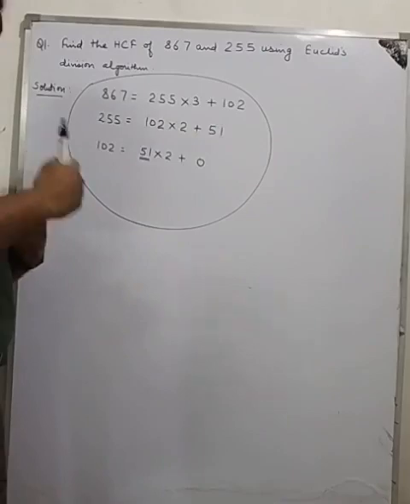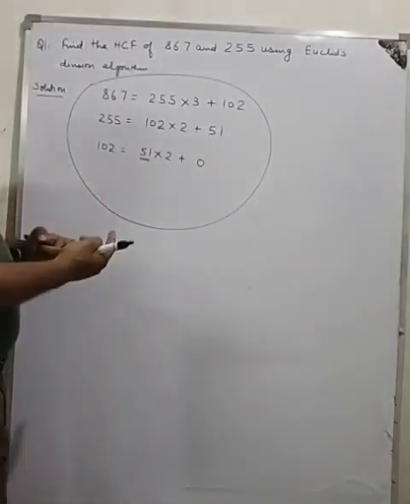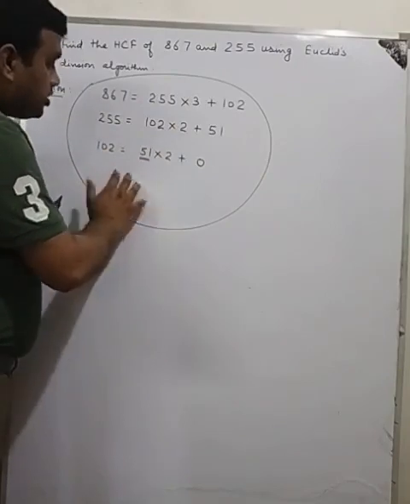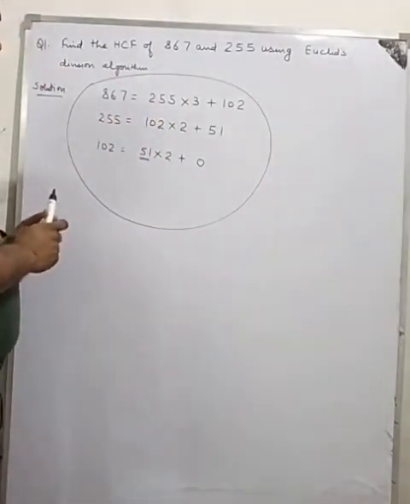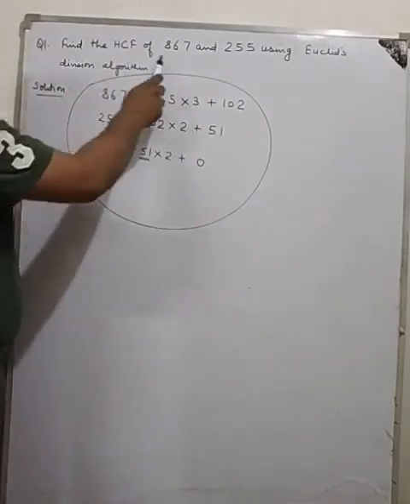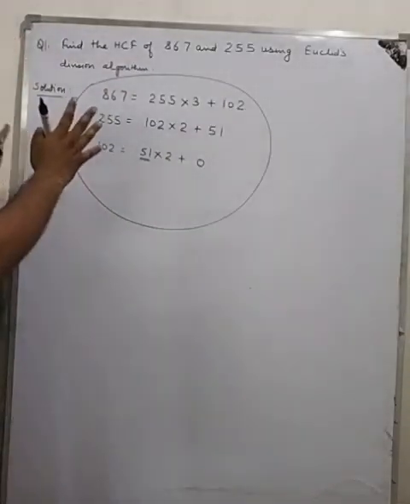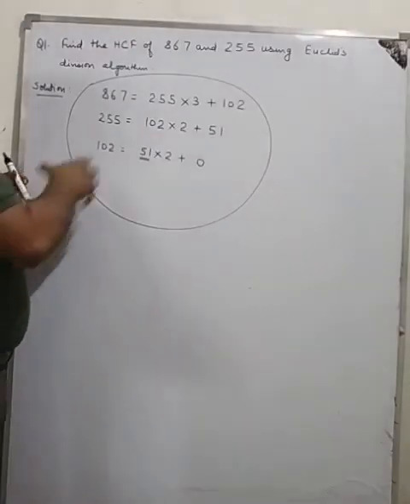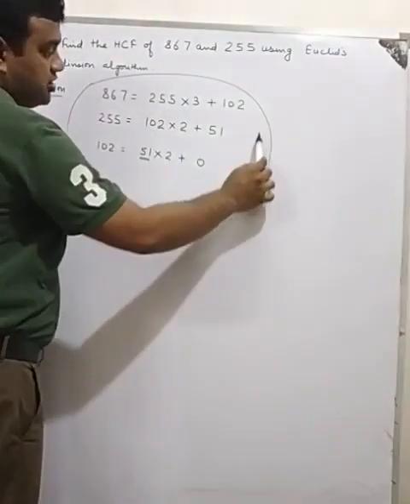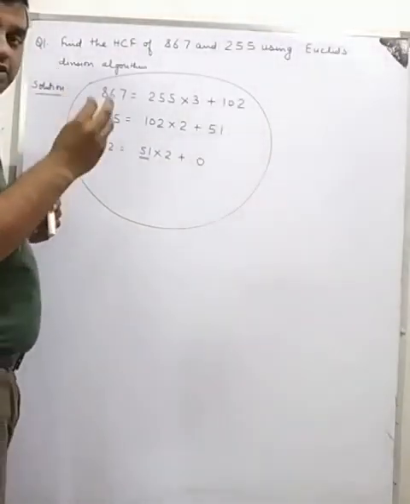When we start thinking, it takes some time, maybe twice, thrice of the time taken here. So we are using Euclid division algorithm to find the HCF of these two numbers, which is looking very complicated, but when we start solving, we get the HCF in only 3 steps.